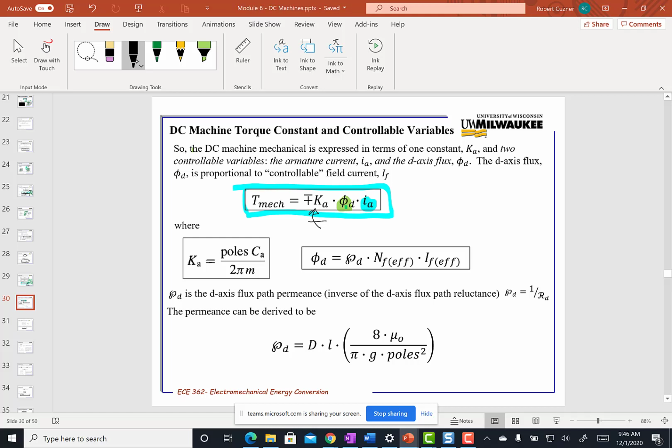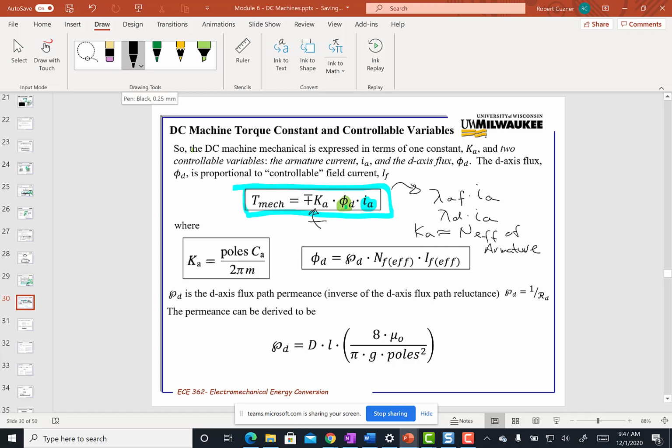So the first thing we do in the derivations class when we start talking about DC machines is I tell you, okay, you learned in 362 this expression, but we're going to call it this, lambda AF times IA. Or we could say lambda D IA. And so the Ka is really an effective turn of the armature.